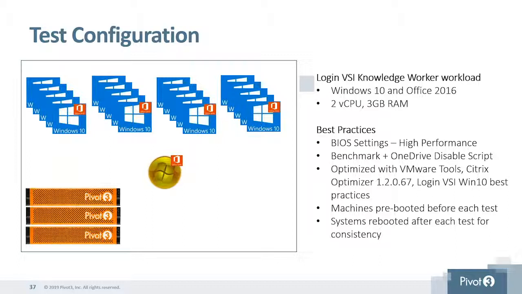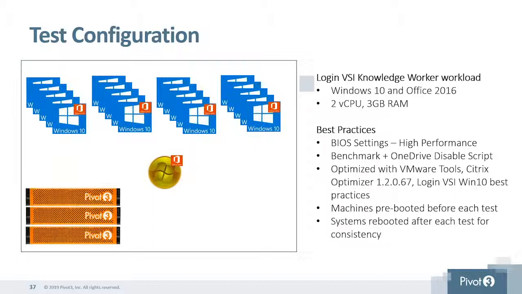As Blair indicated earlier, the only optimization or change that we did to the workload was to disable OneDrive. In the particular version that we had at the time, the Citrix optimizer actually didn't fix the OneDrive, which is why we had to change the workload a little bit.